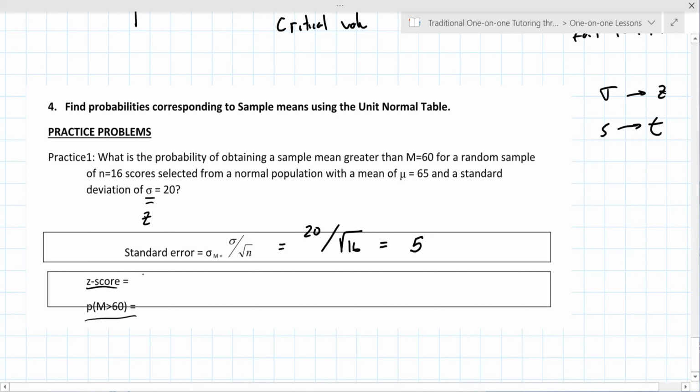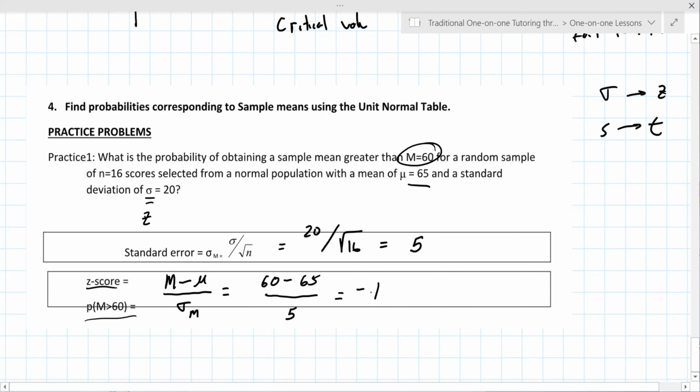Your z-score formula is not given. It's M minus mu over sigma M. So your M is 60 minus mu 65, over sigma M, which is 5. So this ends up equaling -1.